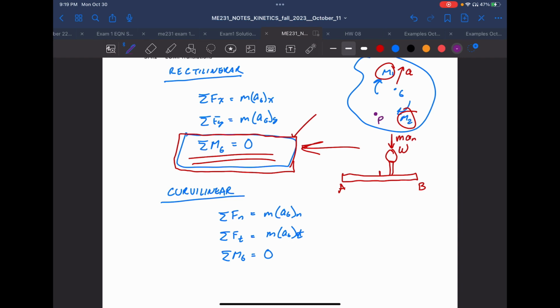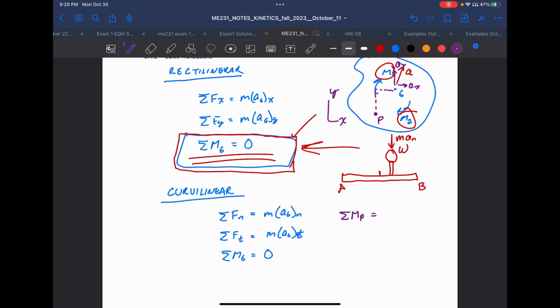Well, now, if we're in an XY frame, I've got a distance up to that point in both the X and Y directions. So that A term right there will have an X component and a Y component. And now when I take the summation of moments, you're going to have inertial terms. So in that case, my summation of moments at P is not equal to 0.